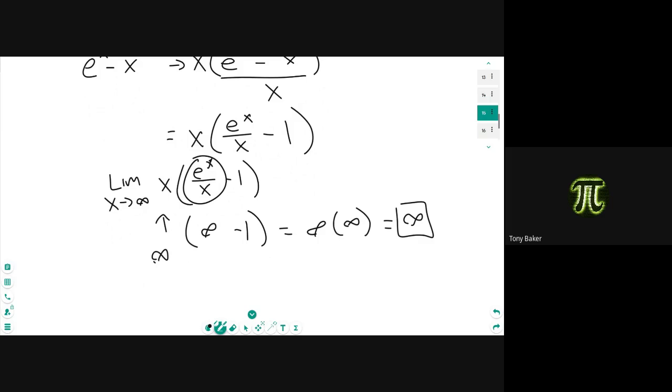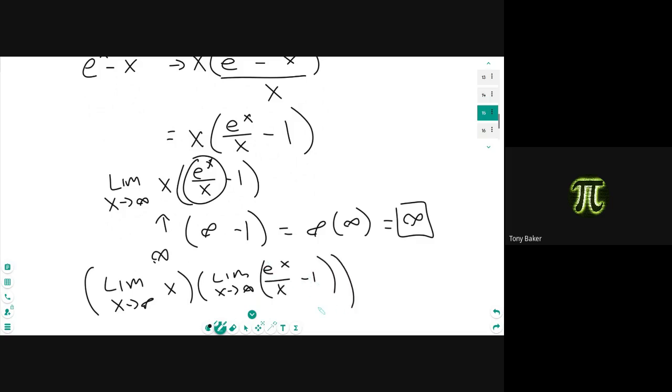Remember the rules of limits, I can break it apart. I can do the limits of pieces. So in essence, I did the limit as x goes to infinity of x times the limit as x goes to infinity of e to the x over x minus 1. I was able to do it in pieces.